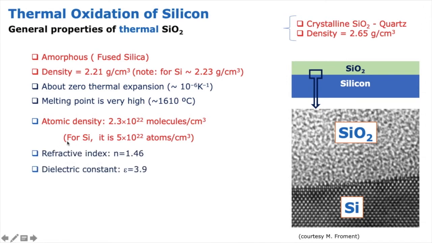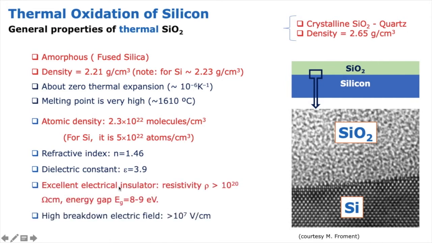When you think about using silicon dioxide for a particular application, whether optical or electrical, two parameters play a very important role. Refractive index is 1.46, which is slightly less than glass, and dielectric constant epsilon is 3.9. This decides the gate capacitance. So it's relatively high, not low.